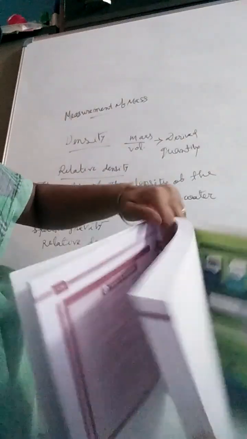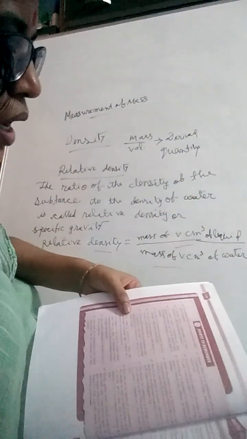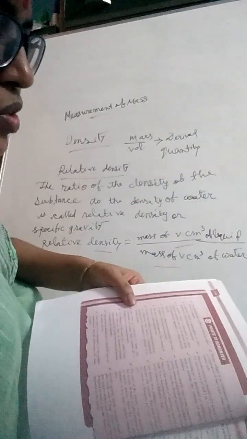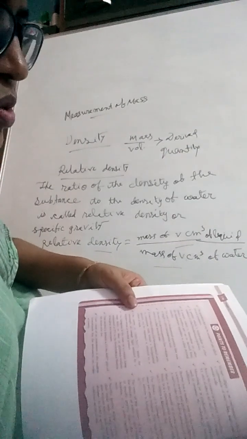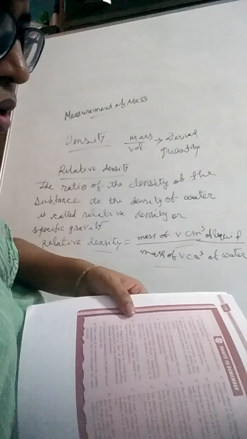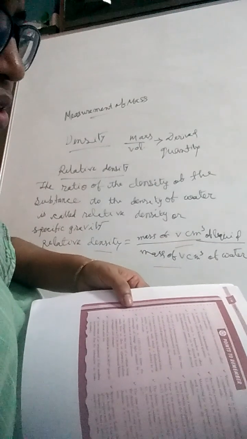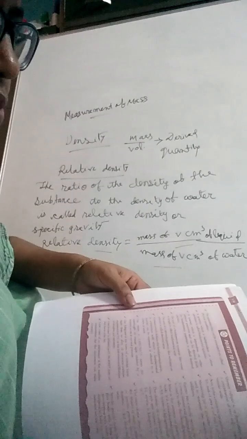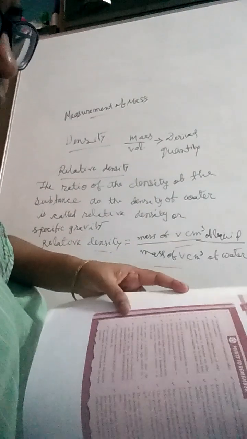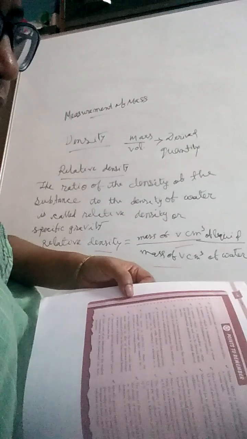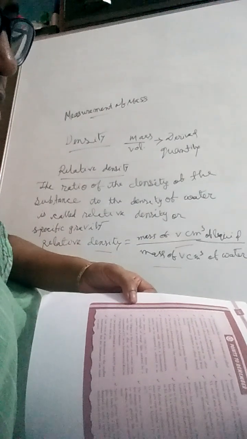What have we learned in this chapter? The quantities that can be measured are called physical quantities. A quantity which is independent of other quantities is called a fundamental quantity. A quantity which depends on other physical quantities and can be derived from the fundamental quantities is called a derived quantity.